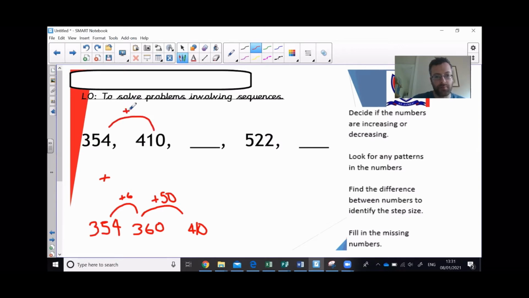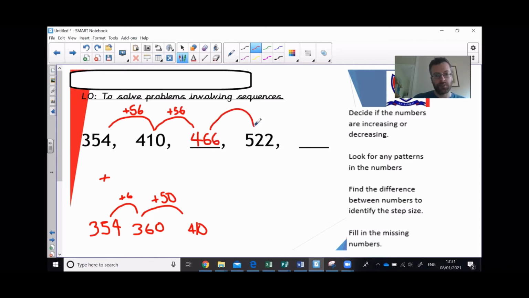Okay, now, if I'm pretty sure that that's going up by 56, I'm going to add 56 here, and then I can check that I'm right, because if I add 56 and I get to this number, 522, then I know I'm doing pretty well. So, 410 add 56, well 410 add 50 is going to get me to 460. Add another 6, 466.